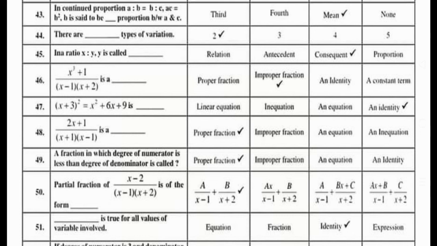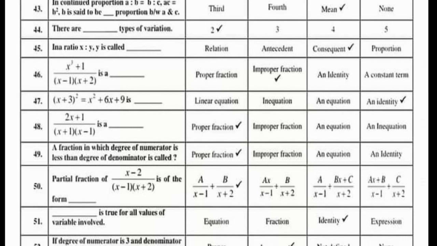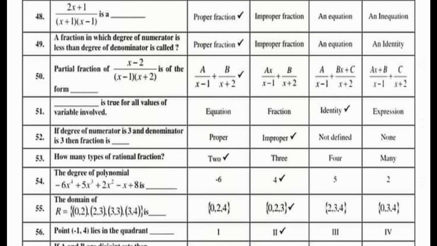The partial fraction of (x square minus 2) divided by (x minus 1)(x plus 2) is of the form a divided by (x minus 1) plus b divided by (x plus 2). An identity is true for all values of the variable involved.